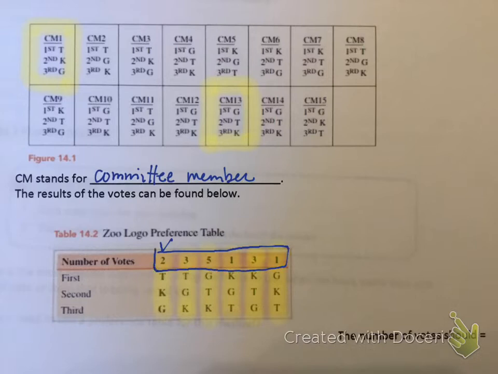If I add this up, I get 2 plus 3 plus 5 plus 1 plus 3 plus 1, and that equals the total number of votes, which is 15, which makes sense because if you read the example, it said that 15 planning committee members were voting. So the number of votes should equal how many people are voting.